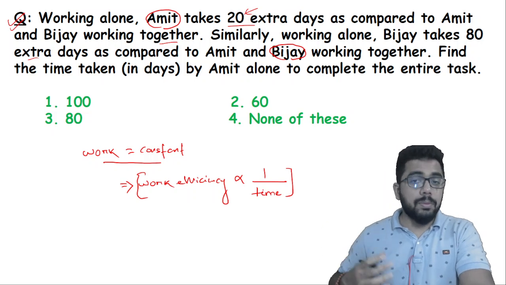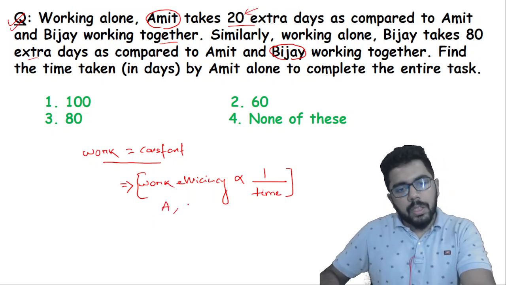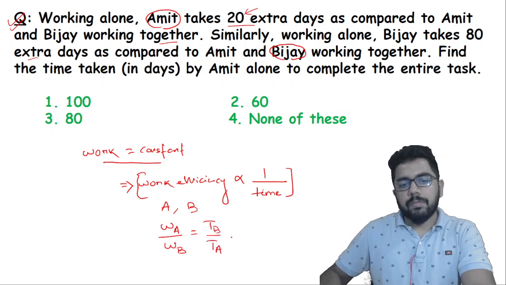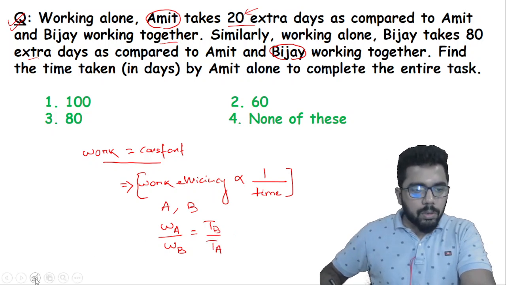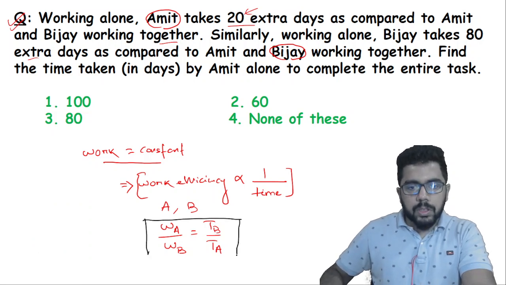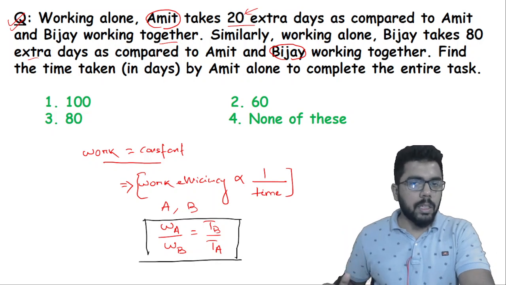Someone who is less efficient will take more time to complete the task. So suppose I take two persons A and B. Work efficiency of A to work efficiency of B will be time of B to time of A. We can conclude this as a relation. Because it is inversely proportional, WA by WB will be TB by TA.